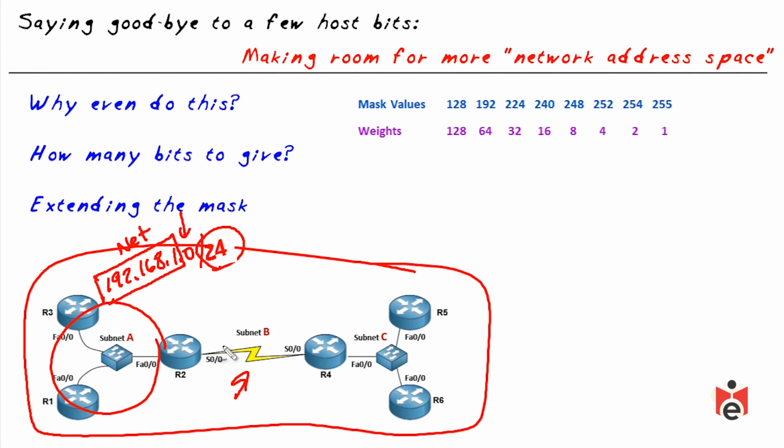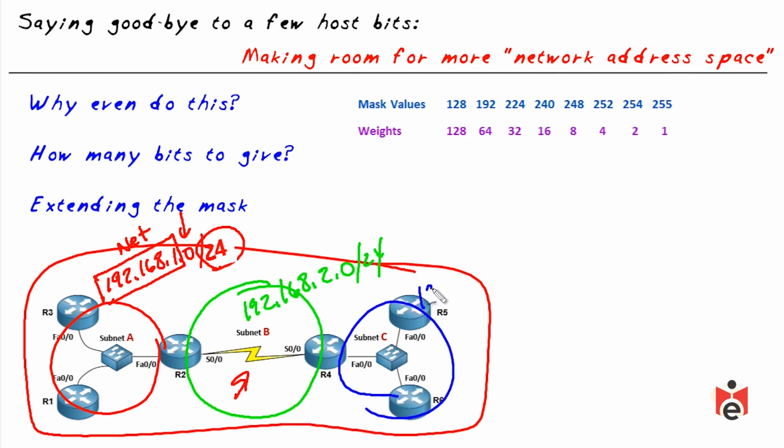And then for this network right here between R2 and R4, maybe we use the 192.168.2.0/24. And for the network between R4, R5, and R6 right here, maybe we use the network 192.168.3.0/24.